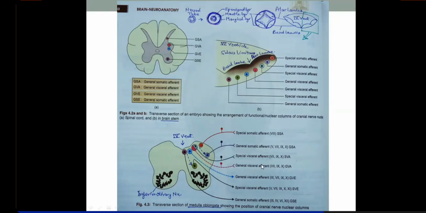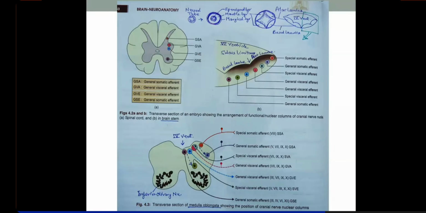Okay. Then the other functional column, which will be lateral to this, is special for the branchial apparatus, right? So this special functional column is special visceral afferent. Special visceral afferent will bring sensations from those structures which are derived from the branchial apparatus, right?